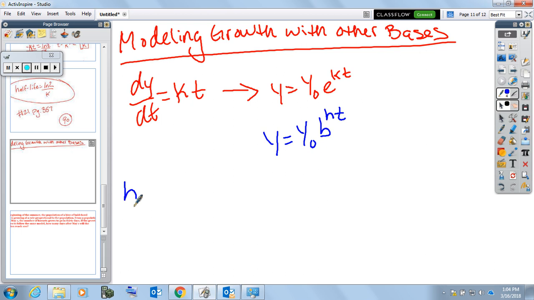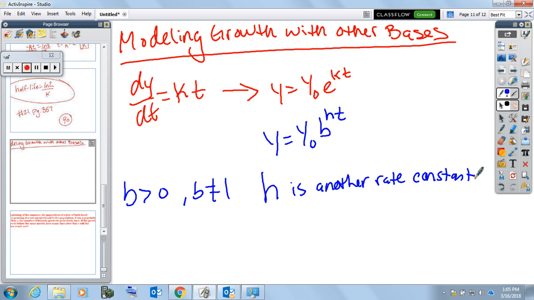So b is going to be a positive number not equal to 1. So b is greater than 0, but b also does not equal 1. And all h is, guys, is another rate constant.